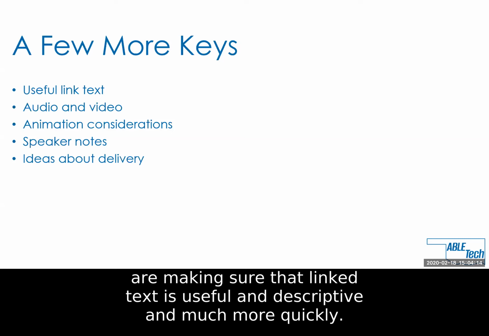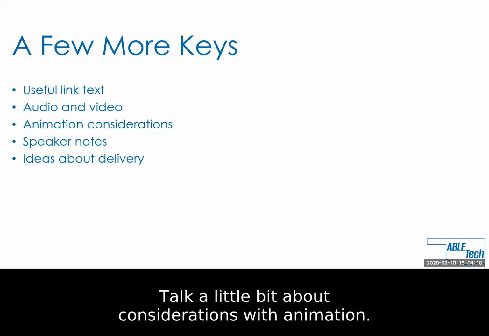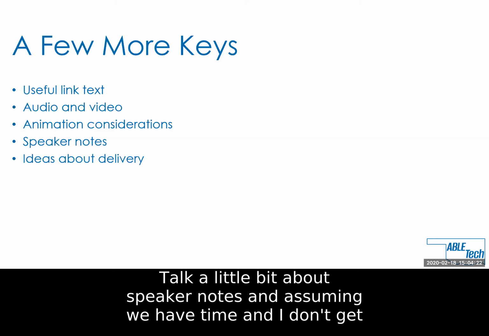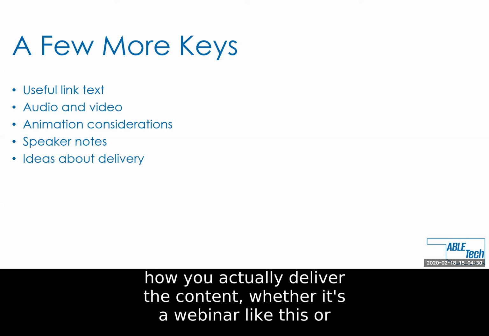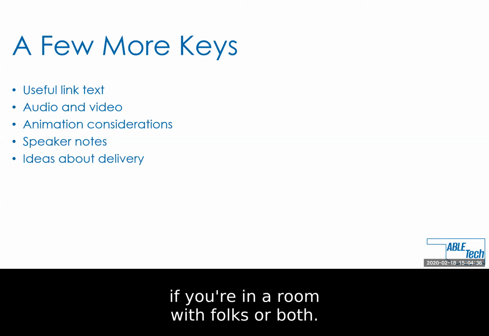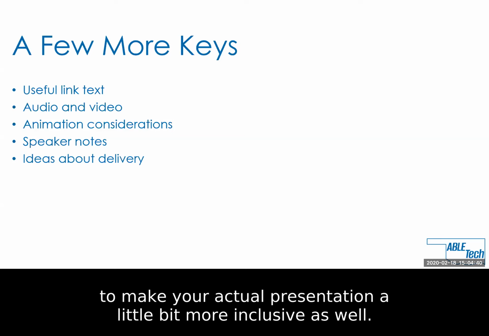And much more quickly, I'm going to talk about audio and video considerations, talk a little bit about considerations with animation, talk a little bit about speaker notes, and assuming we have time and I don't get too long-winded about something, I'll give you just a couple of pointers about how you actually deliver the content, whether it's a webinar like this or if you're in a room with folks or both. I'll try to leave you with some pointers about how to make your actual presentation a little bit more inclusive as well.